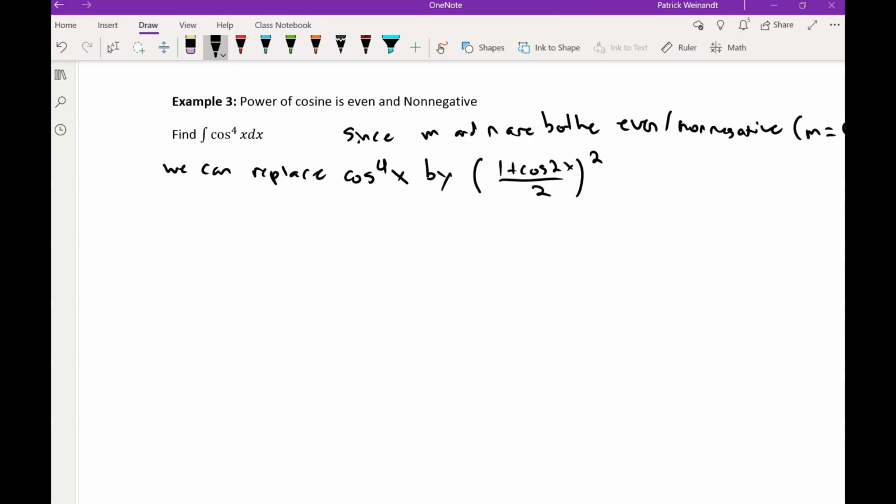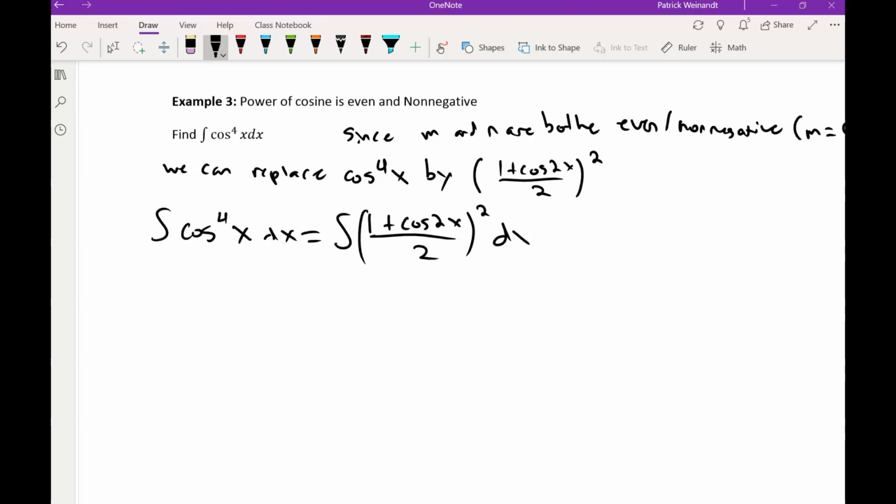Okay, so we're just going to start by rewriting this integral. We know that the integral of cosine of x to the 4th dx is the same as the integral of ((1 plus cosine of 2x) over 2) squared dx.